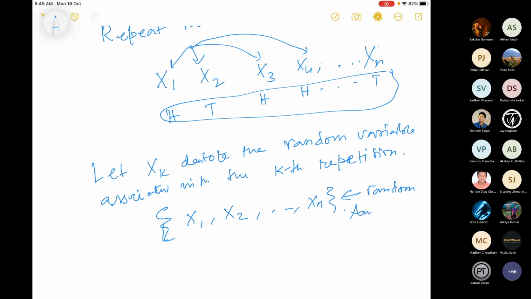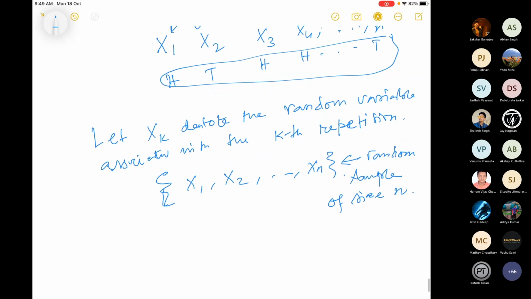We'll talk about this in a much more formal way later on. Since I need to talk about large numbers, n is a large number. That's how this comes into the picture. This is a random sample x1, x2, xn, a sample of size n.